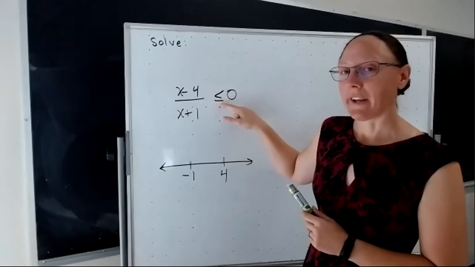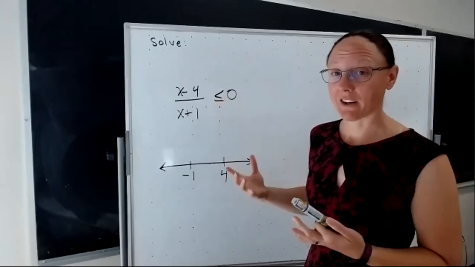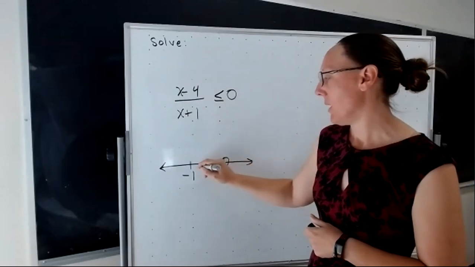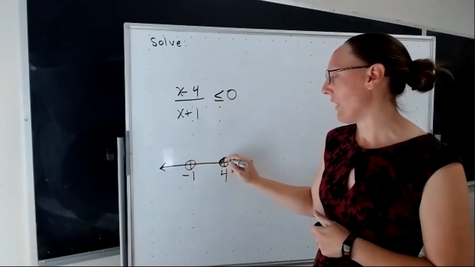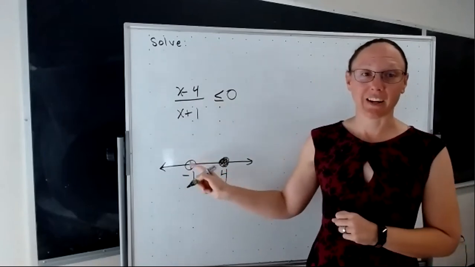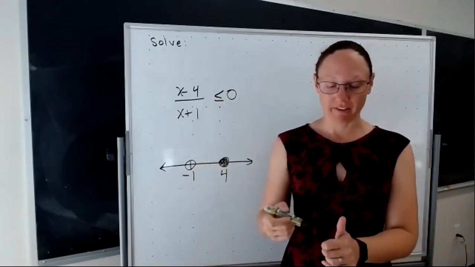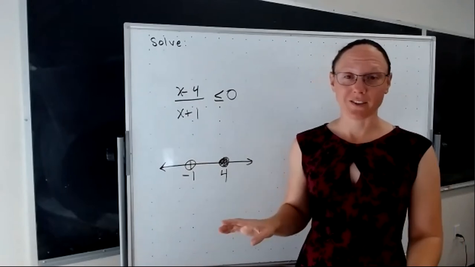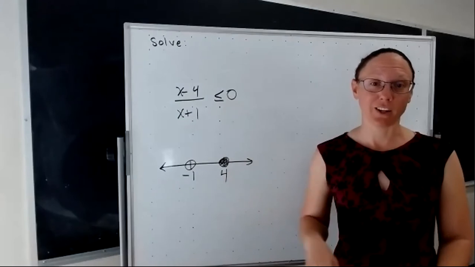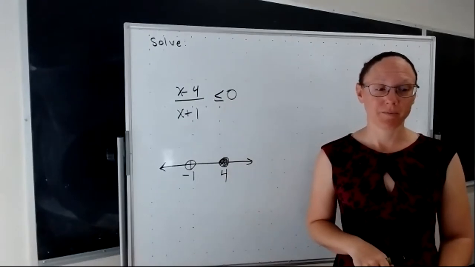This says "or equal to," so naturally, both of these would be filled in circles, but I can actually only fill in the +4 because -1 is a restriction on the variable. So no matter what else happens, I know that I can't include the -1, but I can include the +4.